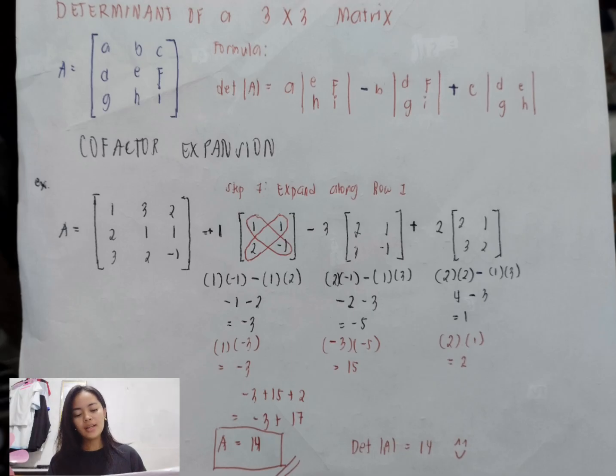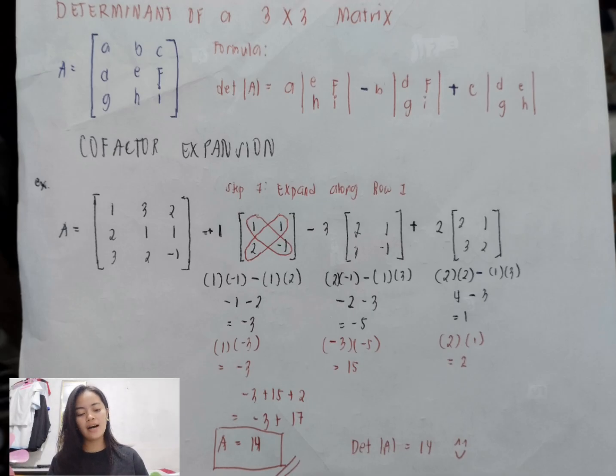We have 1, which is found in row 1, column 1, and we eliminate row 1, column 1. The only items left are 1, 1, and 2, negative 1, so we input this here.